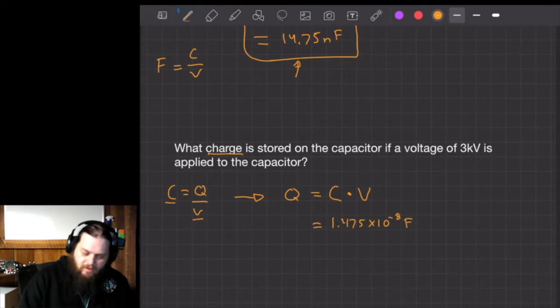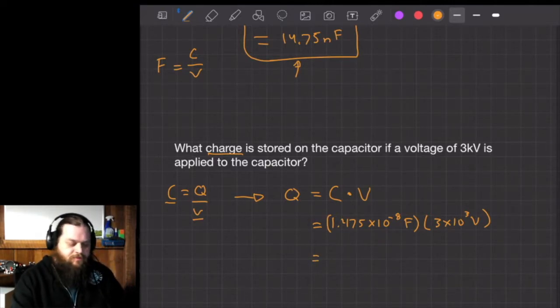I went back to our original definition for the math's sake. And then I'm going to multiply that by 3 times 10 to the third volts. That's 3 kilovolts there. And we're going to see what that equals there.